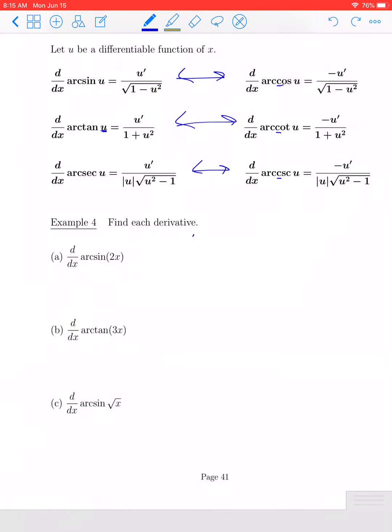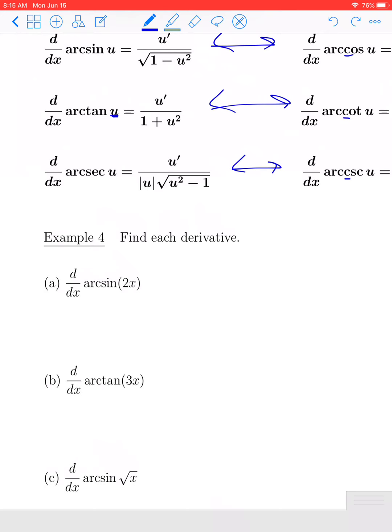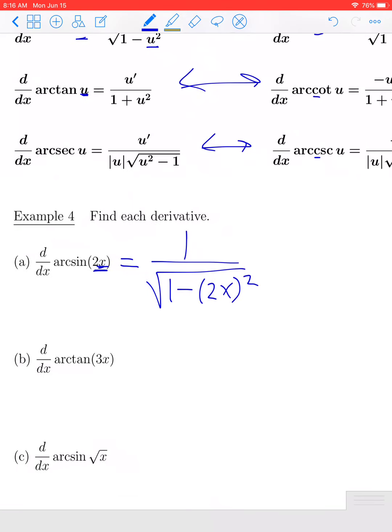Okay. Let's see if we can find the derivatives in example 4. We want the derivative of the arc sine of 2x. According to our formula from above, it should be 1 divided by the square root of 1 minus the argument of the arc sine squared. If we have a u on the inside, we're doing u squared. Here we have a 2x on the inside, so 2x goes here.